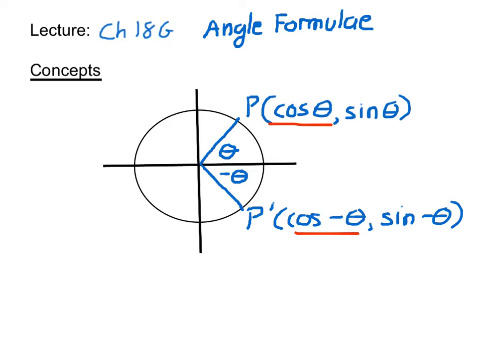So the negative of the first sine, or the first y-coordinate, is equal to the second y-coordinate. And that allows us to write a relationship, which I'll define on the next page.